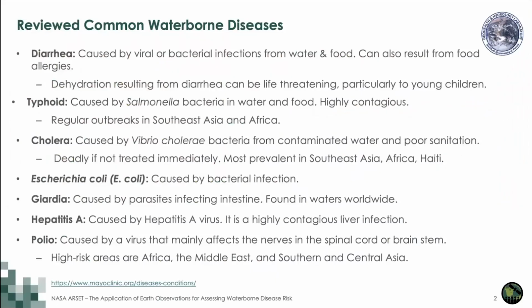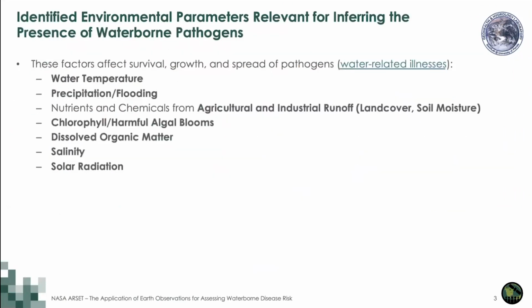So, as you remember, in part 1, we started reviewing common waterborne diseases such as diarrhea, typhoid, cholera, E. coli, Giardia, hepatitis, and polio. They are spread by either viruses or bacteria, any pathogens. They're not always directly observed in satellite data, but there are environmental factors that can help in inferring the presence of waterborne pathogens, which can help us in predicting waterborne diseases.